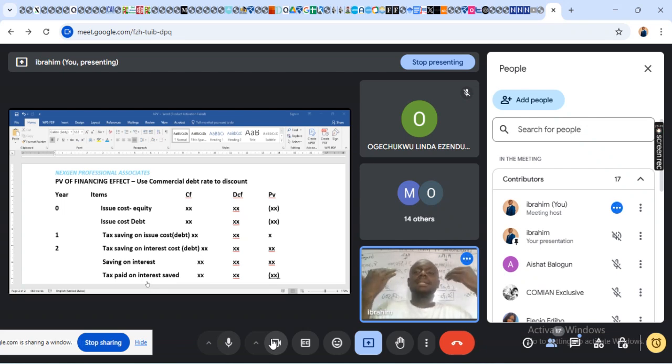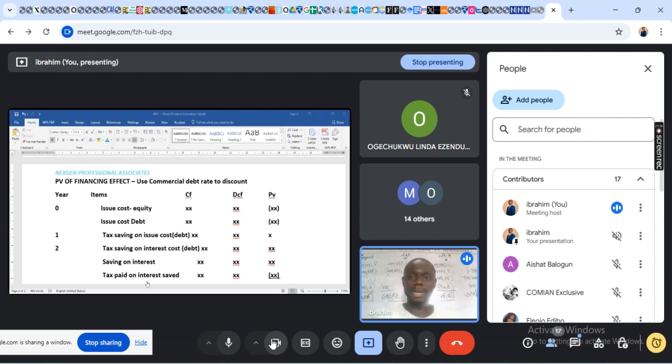Now, this issue cost, we assume to start from year zero because we have not started the project. We assume to start from what? Year zero. That is what issue costs are. Now, another thing is the issue cost on debt, both equity and debt. If you check the debt management portal, we have some people who are in charge of that, probably Stanbic IBTC.